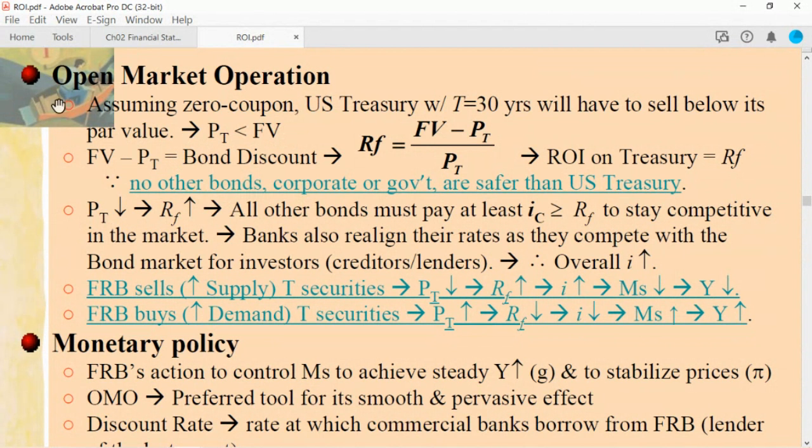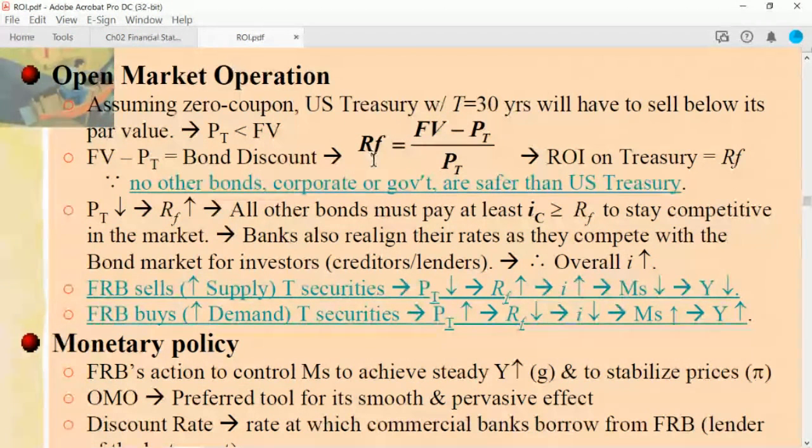And then the return is the capital gains over the price that you paid. That's the holding period return, which will obviously be 100%.